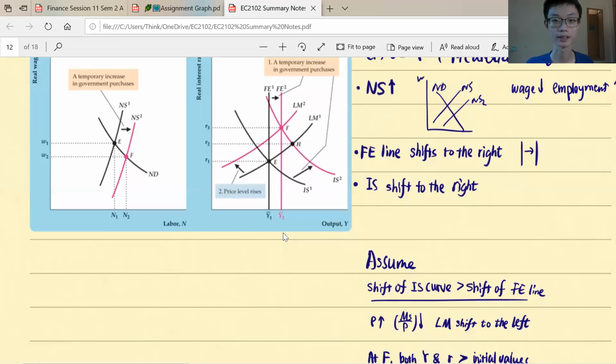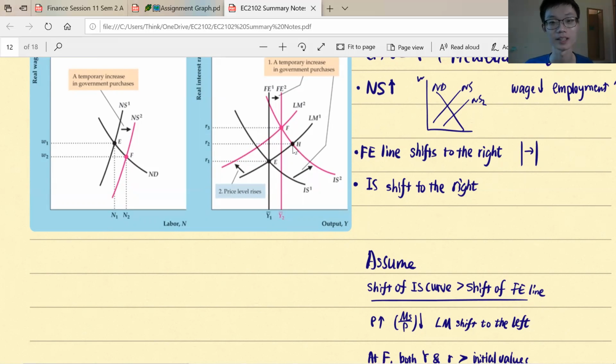then what will happen is that the IS2 intersects the LM1 at point H, which is above the equilibrium output Y2. It should be at Y2, but now the economy producing at H is higher.